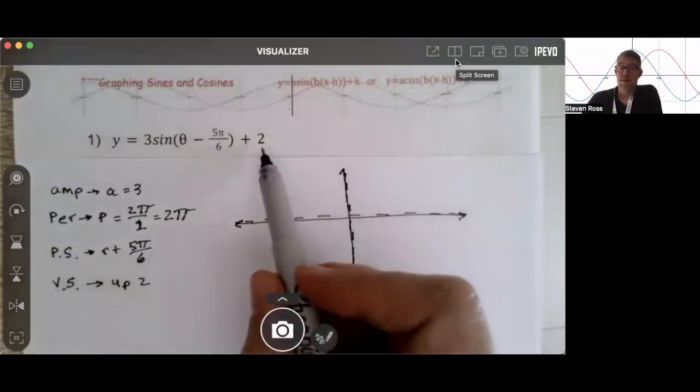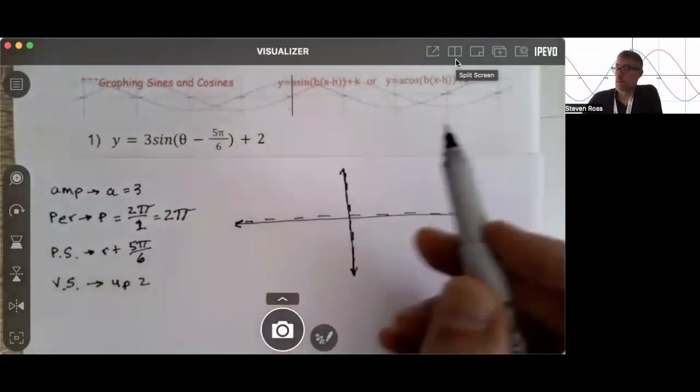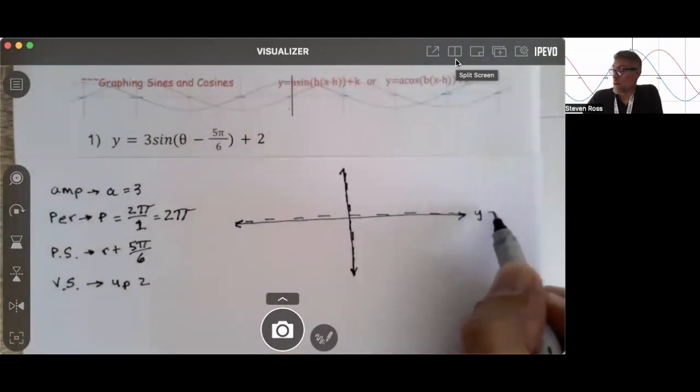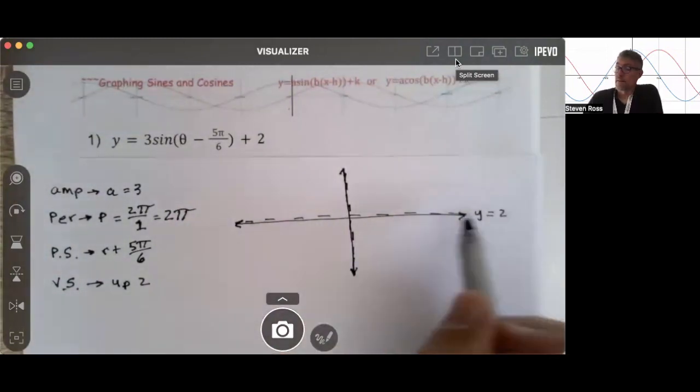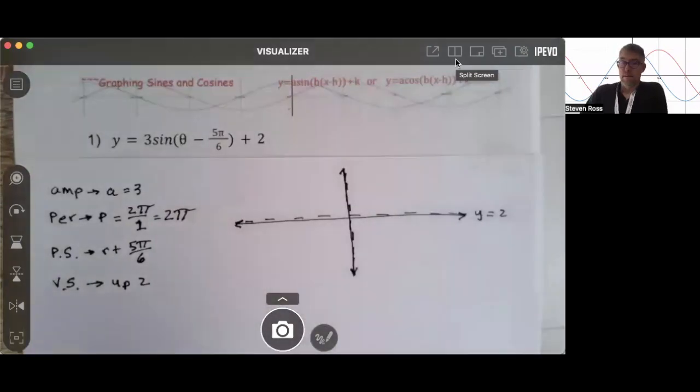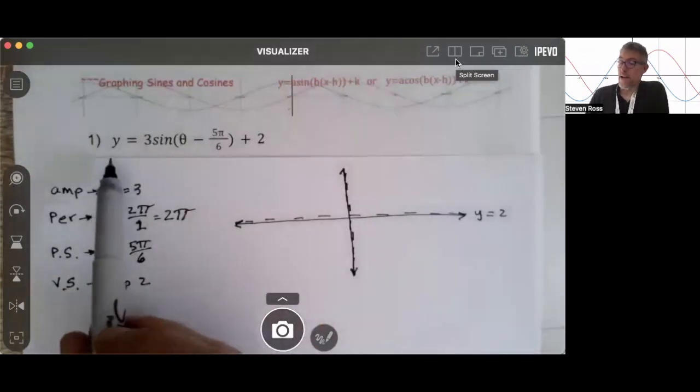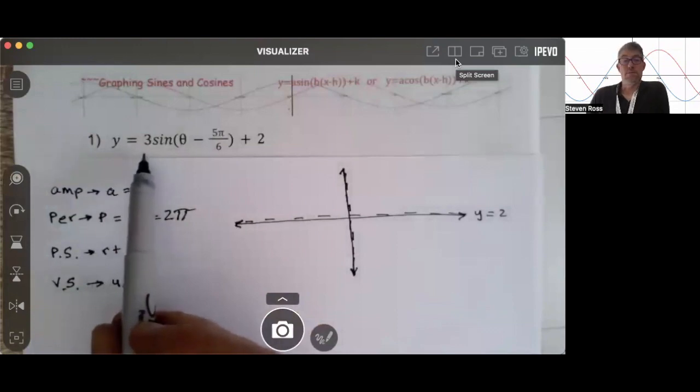As I go through this problem, I'm going to start with the 2 and say that y equals 2 is how high that midline is. The midline is 2.